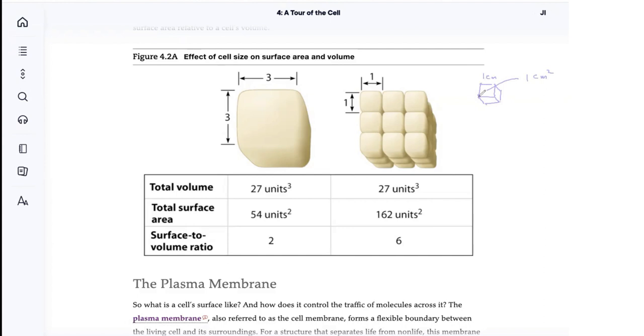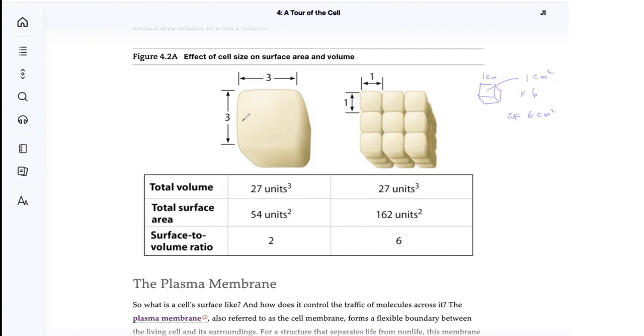Well, 1 centimeter times 1 centimeter would be 1 centimeter squared. And we've got 6 sides of that, right? 6 sides. And so the 6-sided die would have the total surface area equal to 6 square centimeters, right?